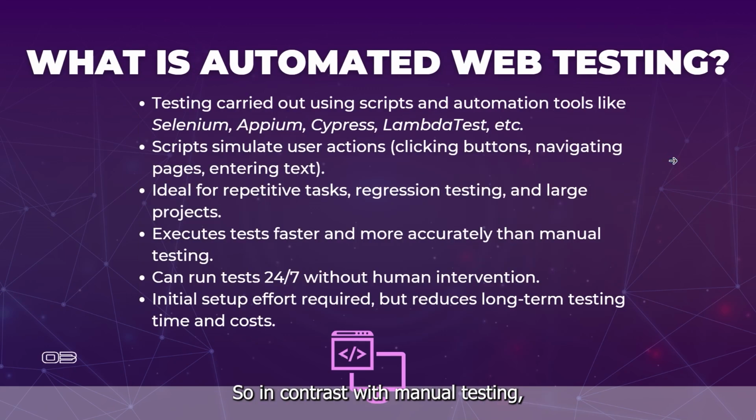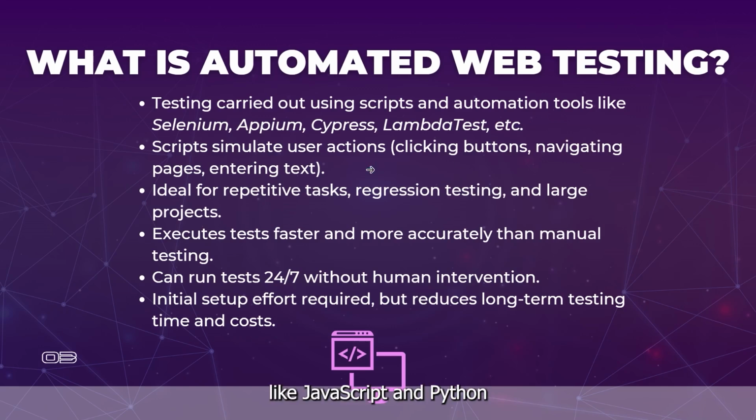So, in contrast with manual testing, automated web testing are tests that are carried out using scripts like Python or JavaScript and utilizing automation tools like Selenium, Appium for mobile testing, Cypress, LambdaTest, and many other automation tools available in the market.